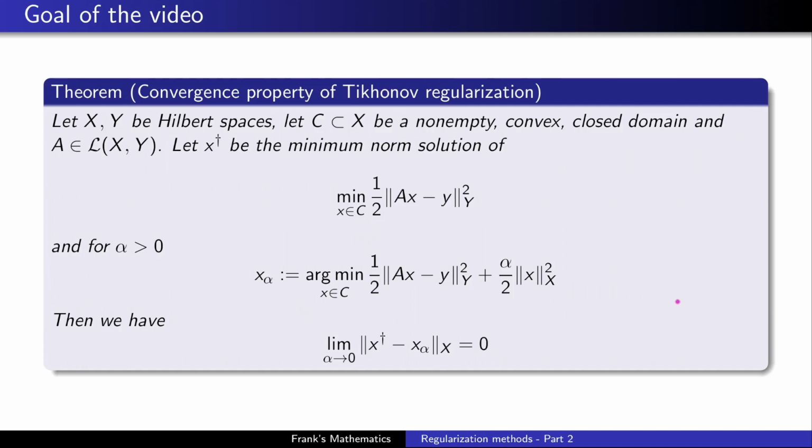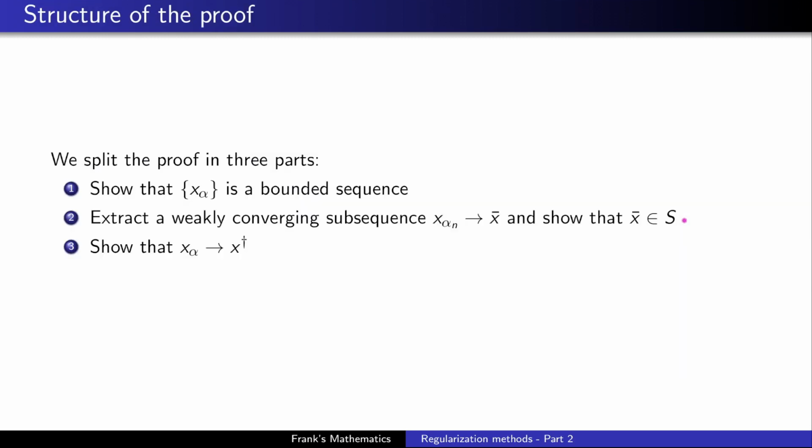And as I already mentioned, we're gonna prove this. The proof is not that hard. We have mainly everything at hand. We just need some nice arguments from functional analysis, and we will split the proof into 3 parts. Number 1, we show that the sequence x alpha generated when alpha goes to 0 is a bounded sequence.